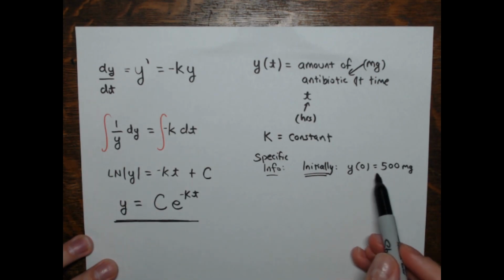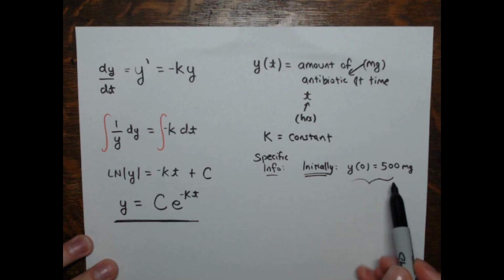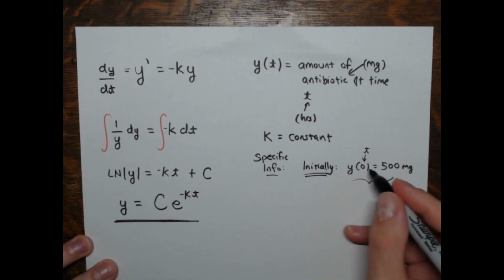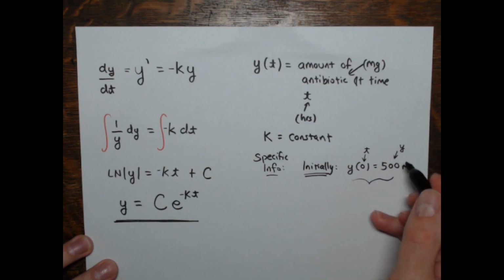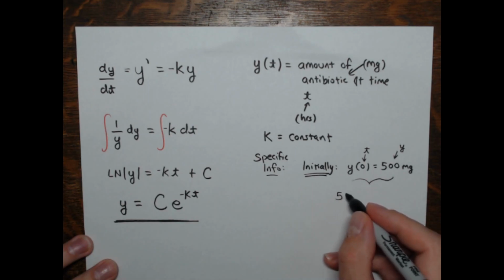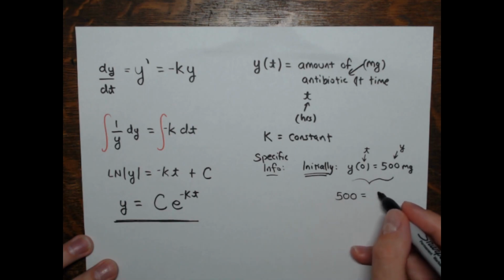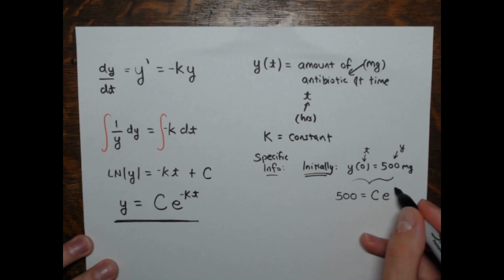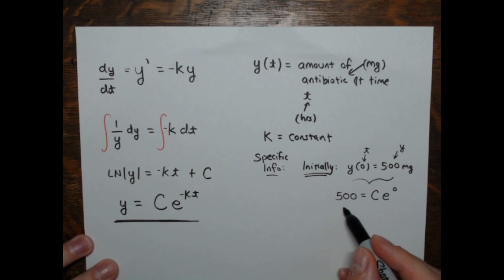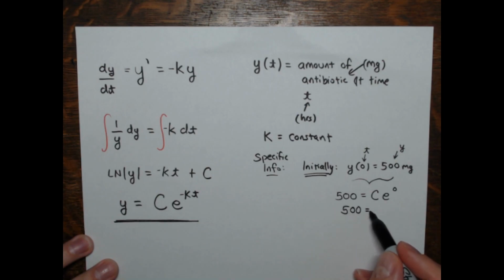So let's use this. I can use this piece of information to find this c, right? Because this is saying when t is 0, y is 500. So running through my model here, we'd have 500 for y on the left equals c times e to the 0, right? t is 0, so 0 times k, 0 times whatever is 0. e to the 0 is 1. So that gives us the c.